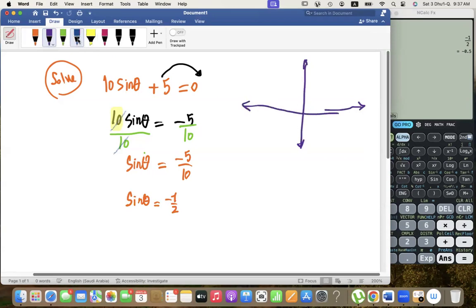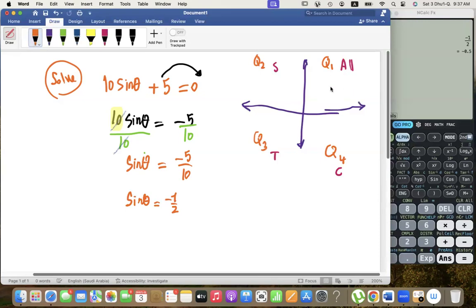This is quadrant 1, quadrant 2, quadrant 3, quadrant 4. We need to know in which places sine is going to be negative. So you need to remember ASTC.